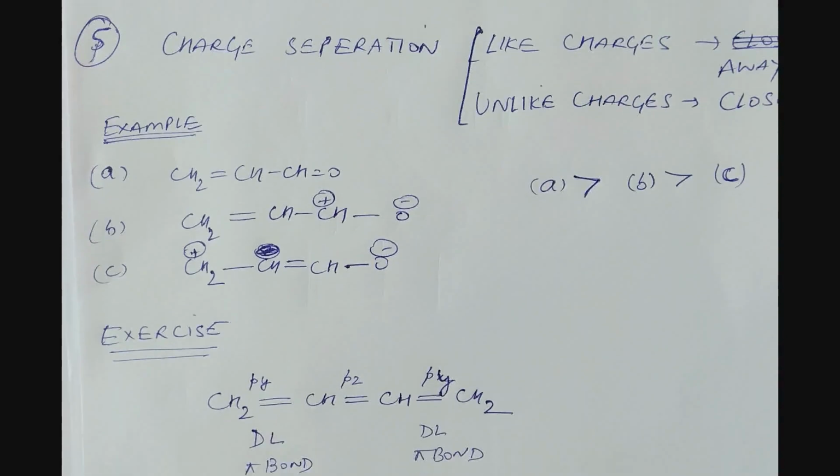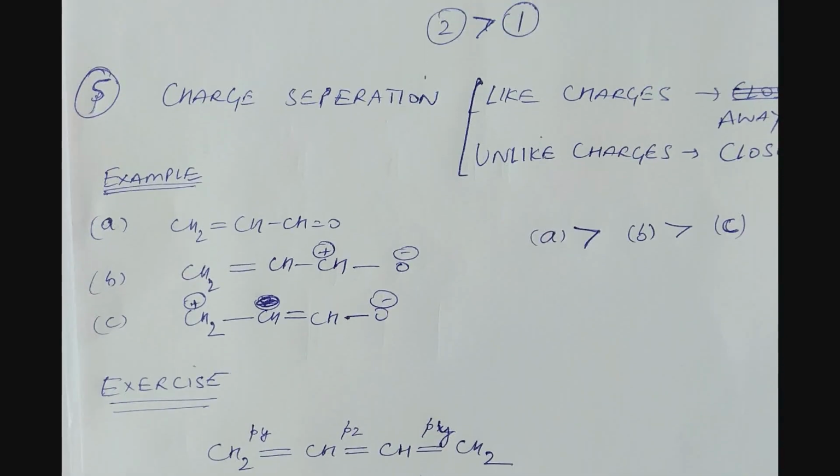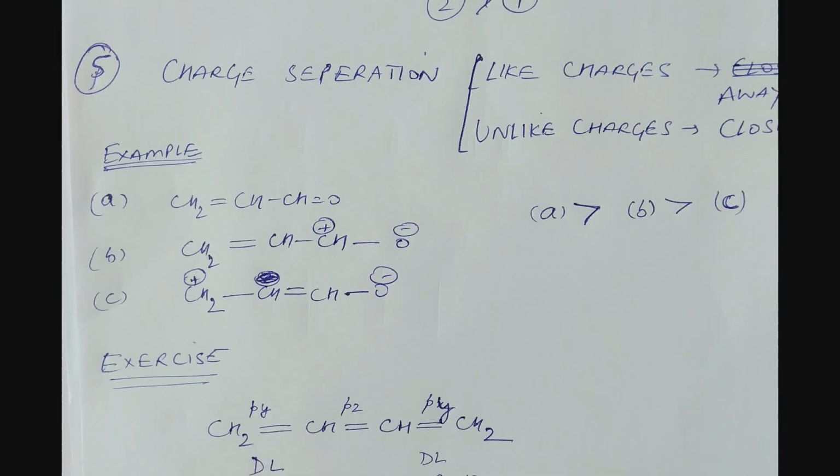Okay. Now coming to our fifth rule, which is charge separation. What charge separation actually means is that if in a contributing structure there are like charges, they should be placed farther away, simply because there will be repulsion if they are close to each other. And if we have unlike charges, they should be as close as possible. It means they will attract and form a bond, and as they form a bond, energy will be released.